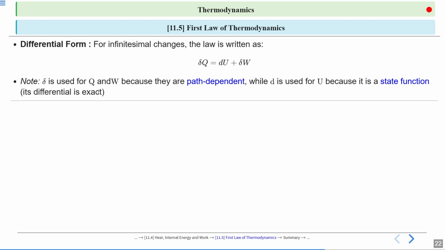Here the path dependent functions are Q and W, while d is used for internal energy, because internal energy is a state function. Its differential is exact. All right, so the difference, I think, is clear. Internal energy is a state function, and work done and heat are path dependent functions.